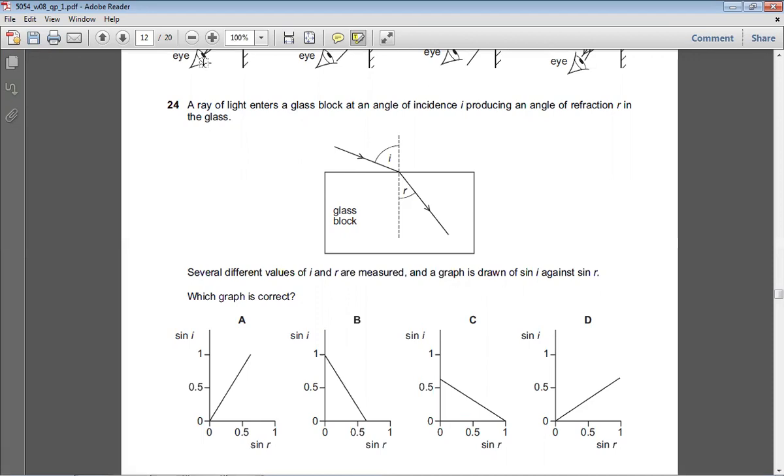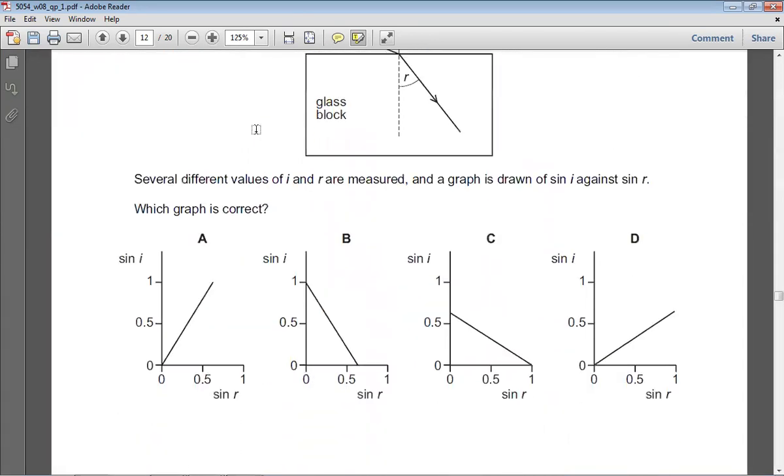Okay. So you know the formula for the refractive index of the glass is sine i by sine r. In these graphs, you can see sine i is represented on the y-axis and sine r is represented on the x-axis. So the slope of this graph will be the change in y divided by the change in x.